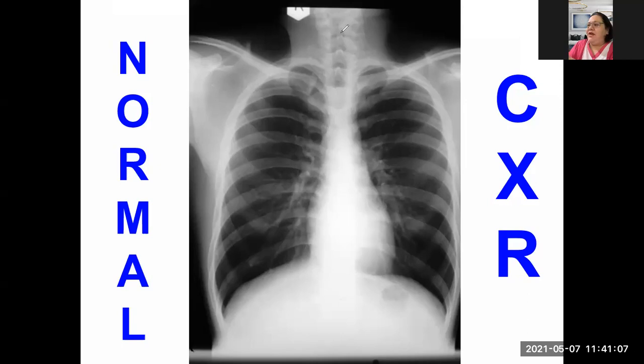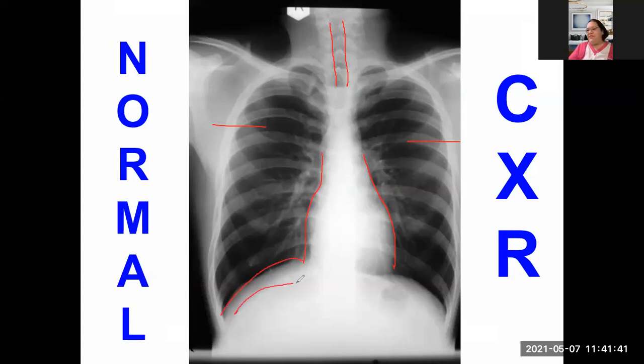So here you have your trachea. This is a bit darker. See that? Because of course there is air present in your trachea. And then right behind it will be your esophagus. And then you have your right lung, and then you have your left lung. And then you have your cardiac silhouette here. And then you have your hemidiaphragms.